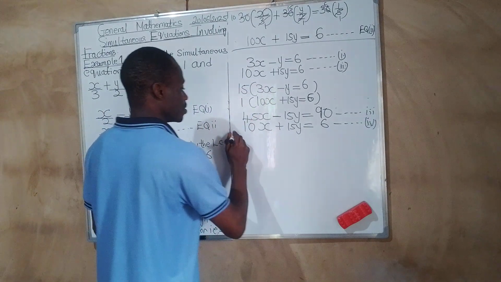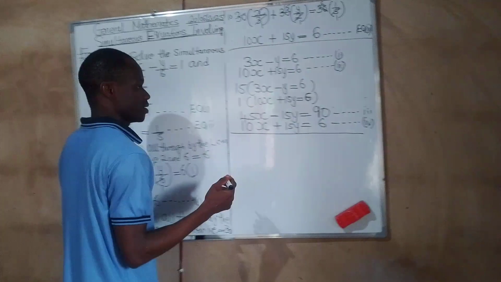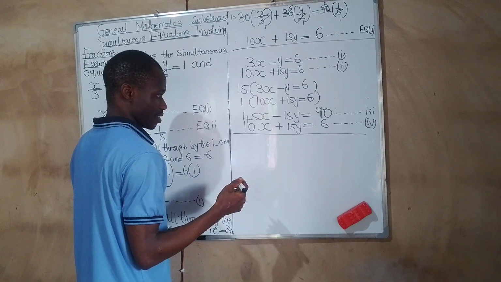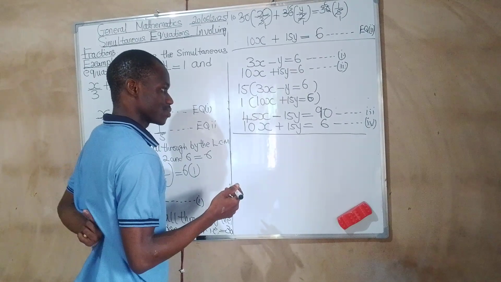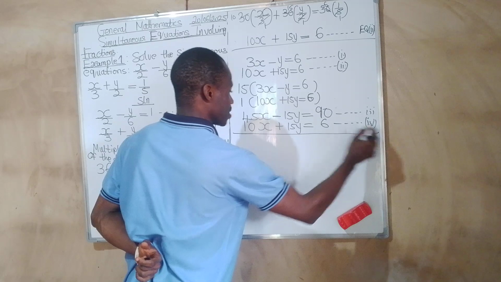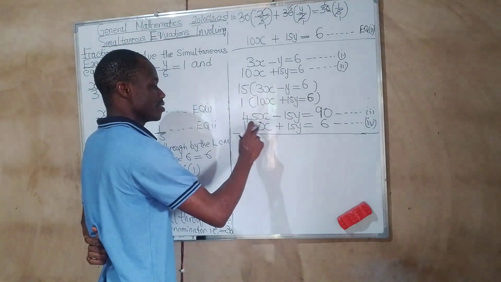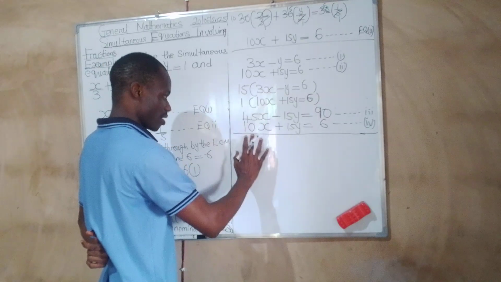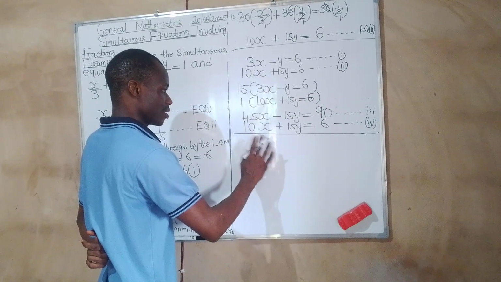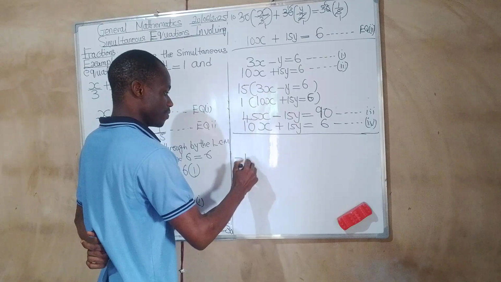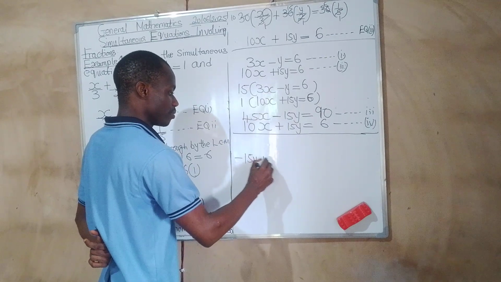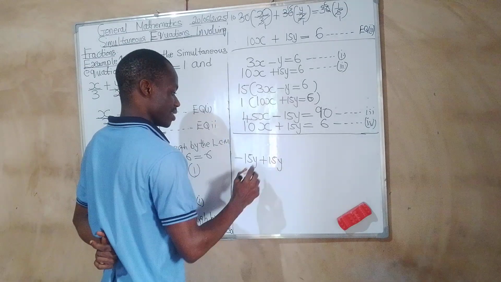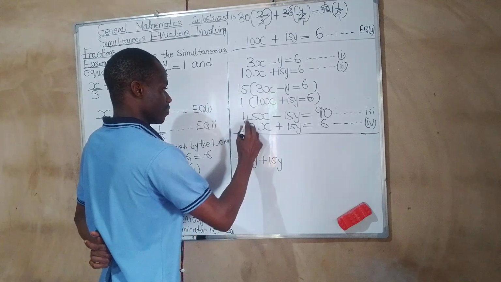So what we'll do is add and not subtract. We are adding because 10x plus 45x gives us 55x. But if you say minus 15y plus 15y, what will it give you? 0. Very good.